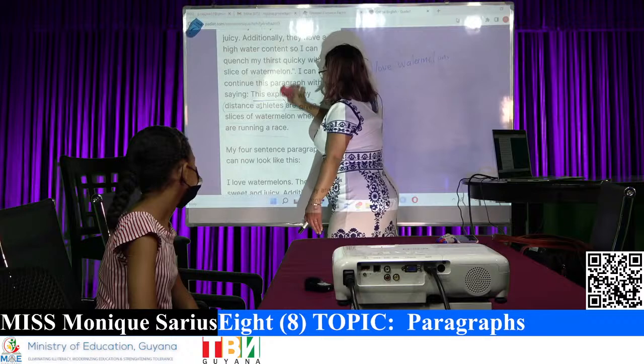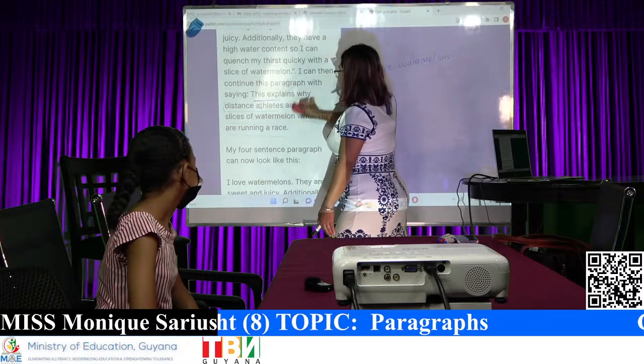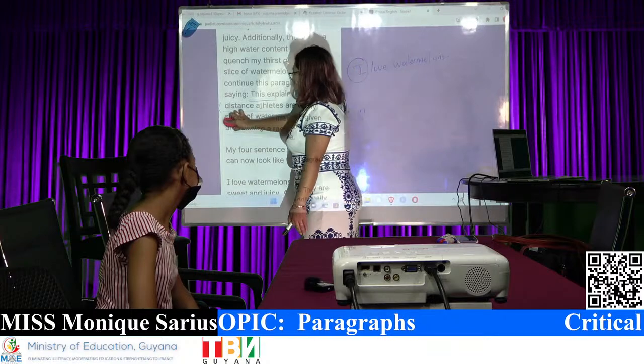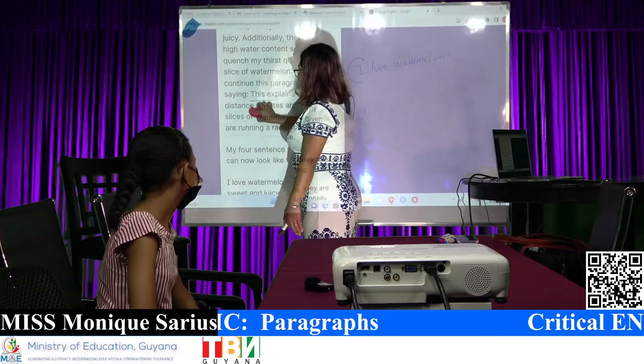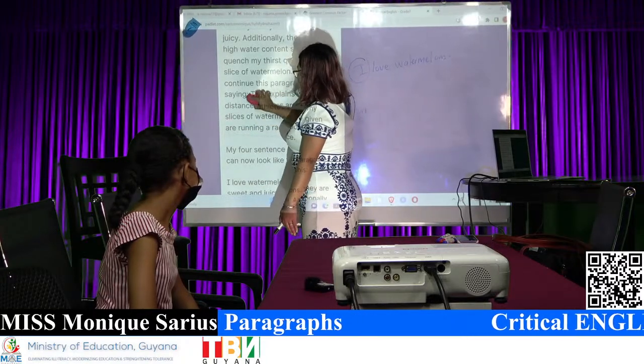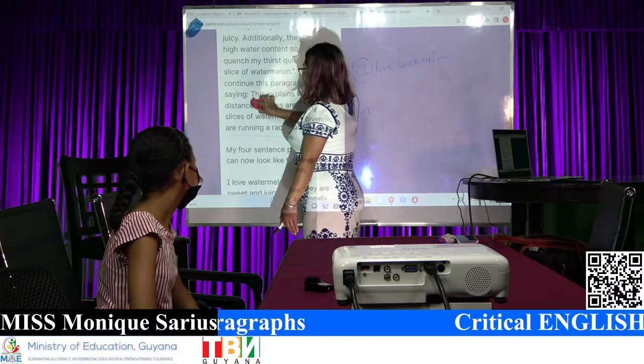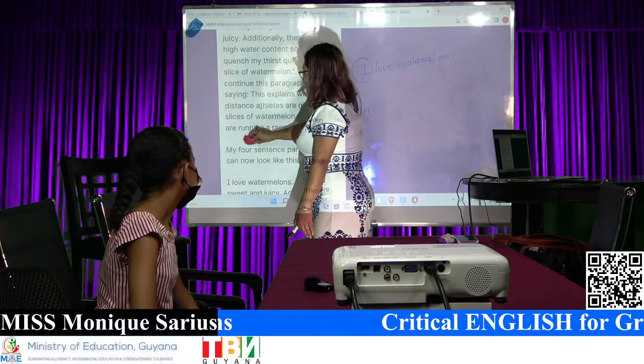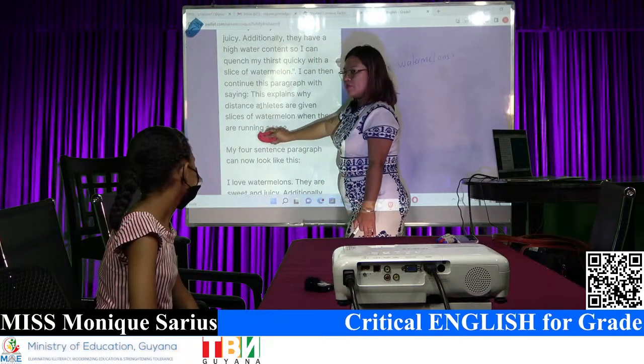Good. So what I would like you to do at this point now is I want you to edit this sentence here. So I want you to make it so that it fits what we were saying earlier. Remember you say you like swimming?